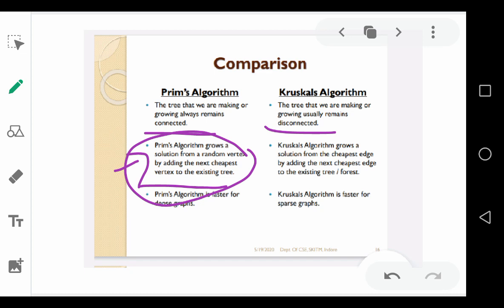In Kruskal's algorithm, it grows a solution from the cheapest edge by adding the next cheapest edge to the existing tree or the forest. So the edges should not be adjacent.